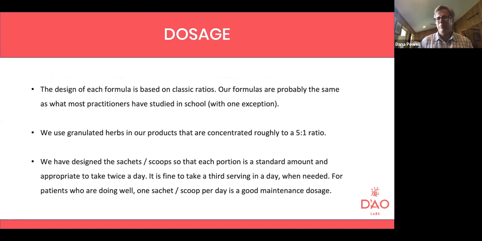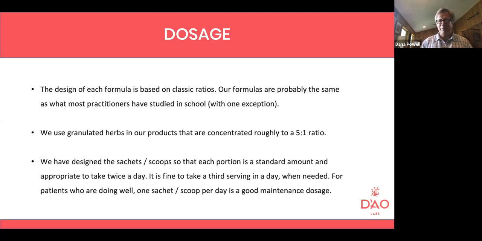To make our products, we use granulated herbs, and they're concentrated roughly to a 5-to-1 ratio. But in the world of granulated herbs, that ratio is just a very rough number, and in actual practice, it isn't always quite that number. But that's what everyone says.